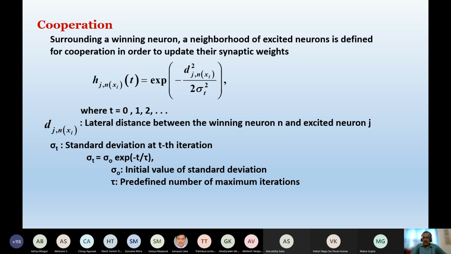Are you getting my point? So what will happen after a few iterations? Sigma t is going to be reduced. The professor may not be able to take even 20 students due to age effect and others. That may happen. Through this interaction, we are learning.